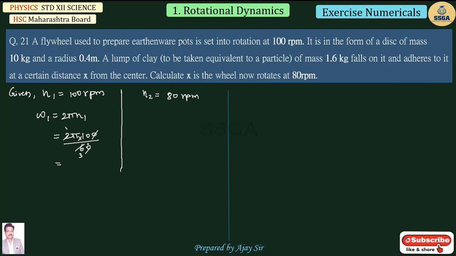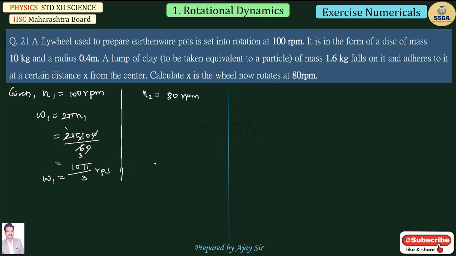Therefore it is 10 pi divided by 3. So this is omega 1, in radians per second.